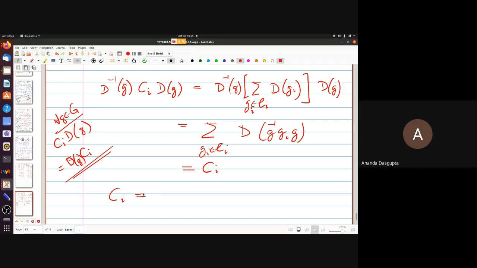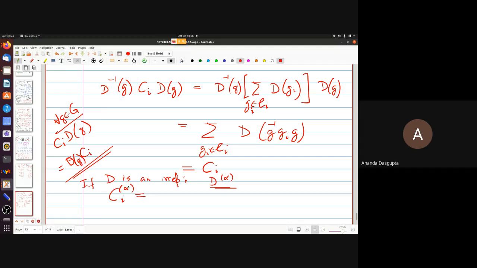Now, if D is an irrep, now that's really where you were going. If D is an irrep, let's say D alpha, then we have a Ci corresponding to that irrep. That is, of course, matrices corresponding to that irrep, you add them together, you get class matrices corresponding to that irrep.